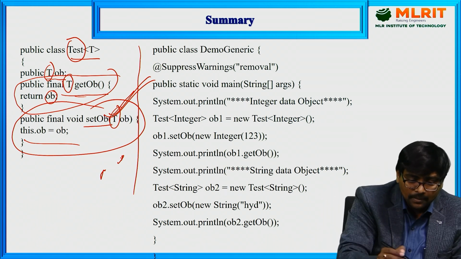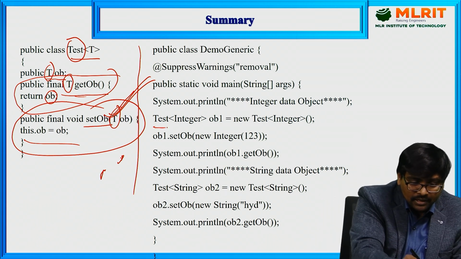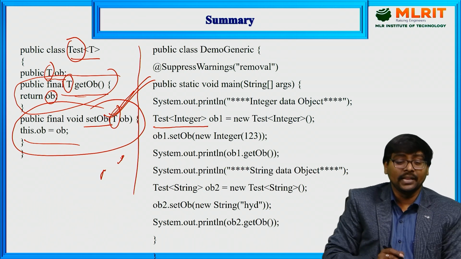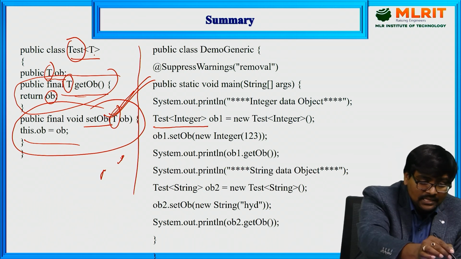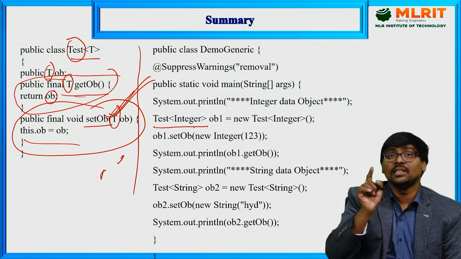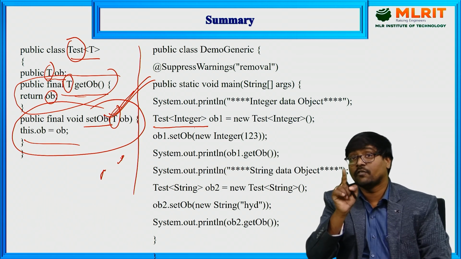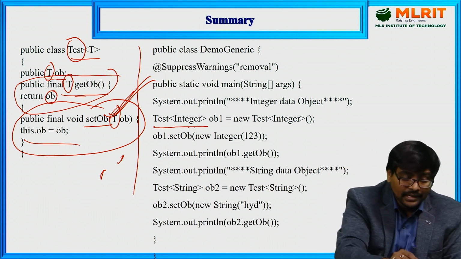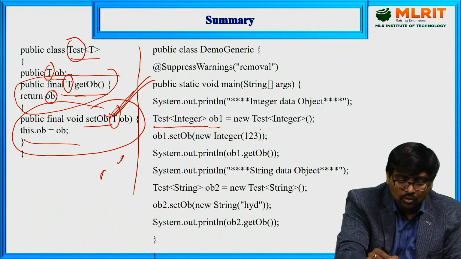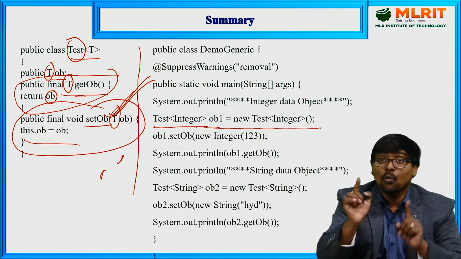Now coming to the main method, see, Text Integer. Now in this, the T is replaced with Integer. Remember, Integer is a wrapper class. So Integer object is equal to new Integer. Now what happened?